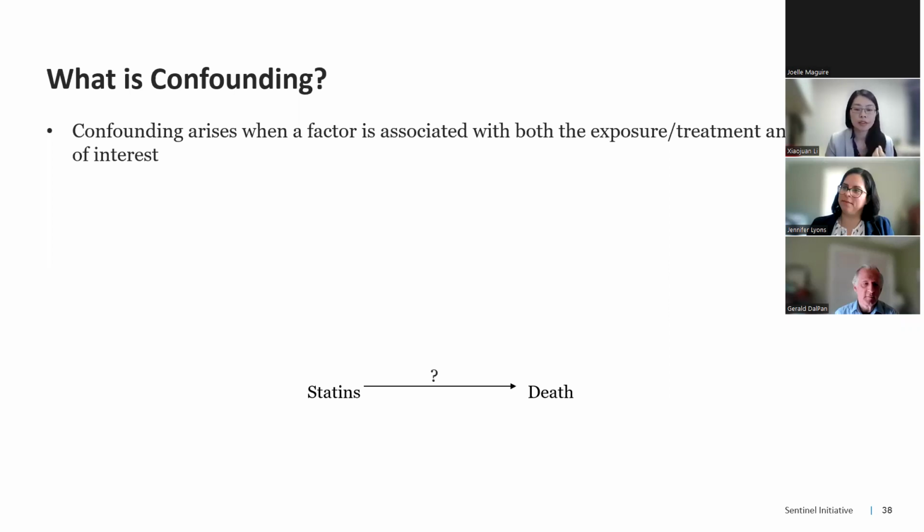And because older people are more likely to take statin, and they are also at greater risk of mortality, a direct comparison of mortality rate in the statin users and non-users group will be biased due to the confounding by the age variable and not reflect the true treatment effect.